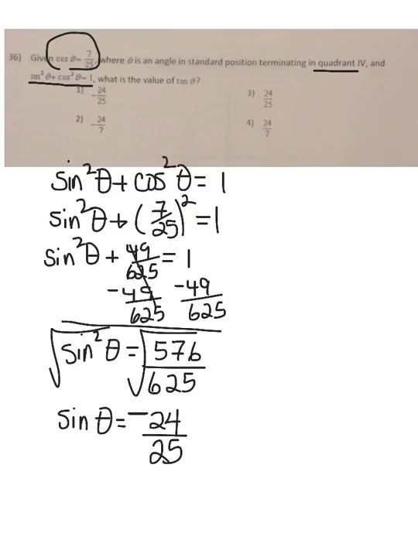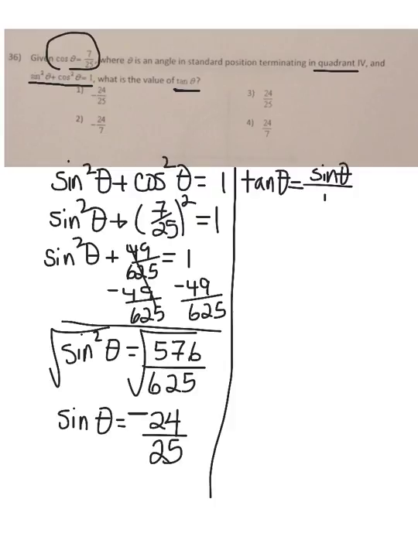Okay. The next issue that we have here is they didn't ask for sine, they asked for tangent. And you need to try to remember, and I'm just going to split this down so I don't get too messy looking, that the tangent is equivalent to sine over cosine. You remember that?